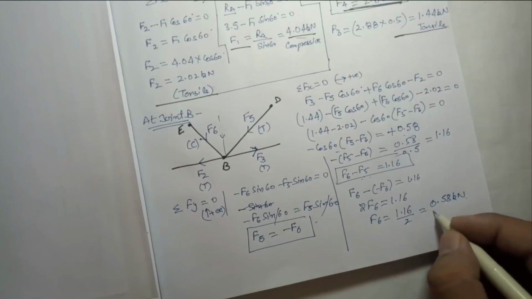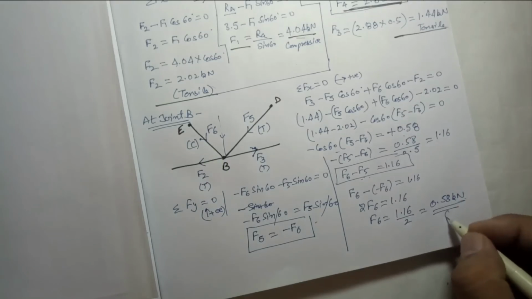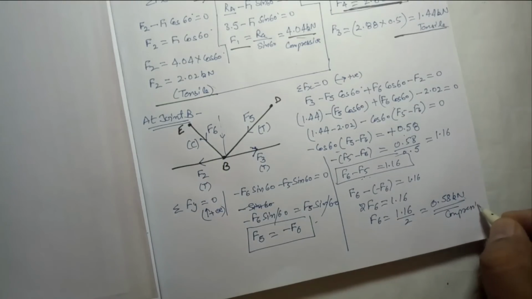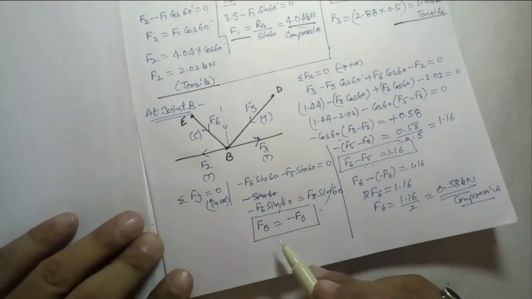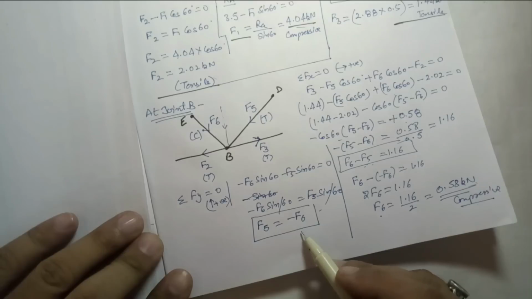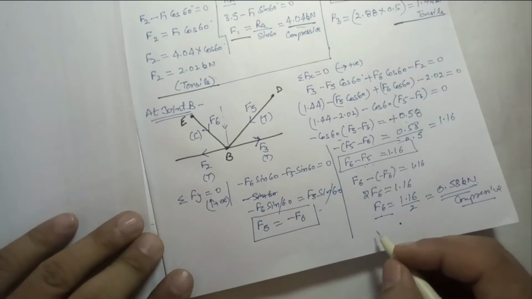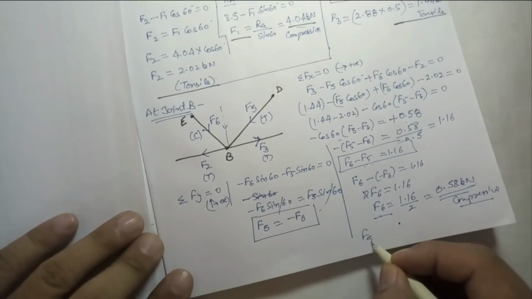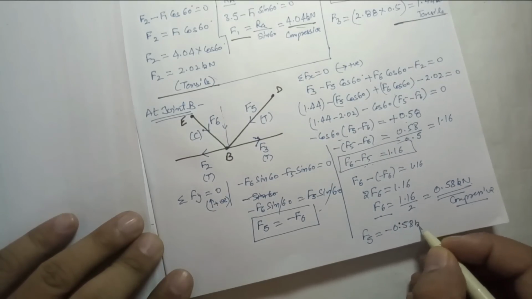Now it is coming positive, so our assumption for F6, that it was compressive, is correct. The same assumption is okay. Now we will find F5. F6 and F5 are opposite, so if F6 is this, F5 will be opposite, so F5 is minus 0.58 kilonewton.